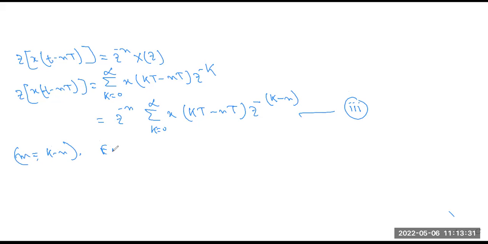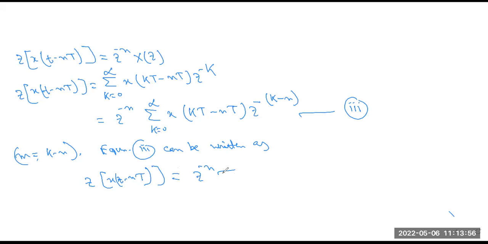So equation 3 can be written as Z of x(t minus nT) is equal to z to the power minus n, summation of m equal to minus n.